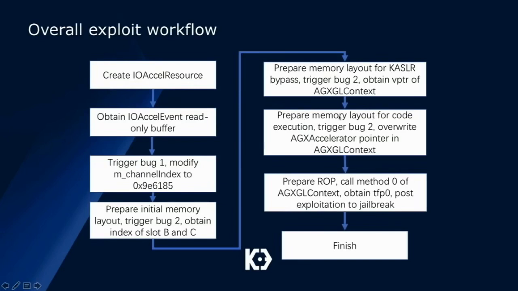And finally, we prepare the memory layout again for code execution, trigger bug 2 again and overwrite the AGX accelerator pointer in the AGXGL context.